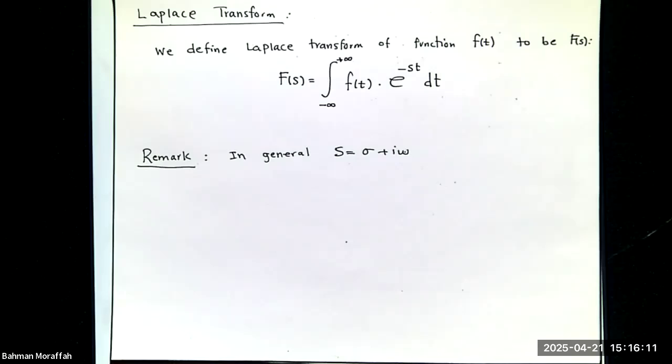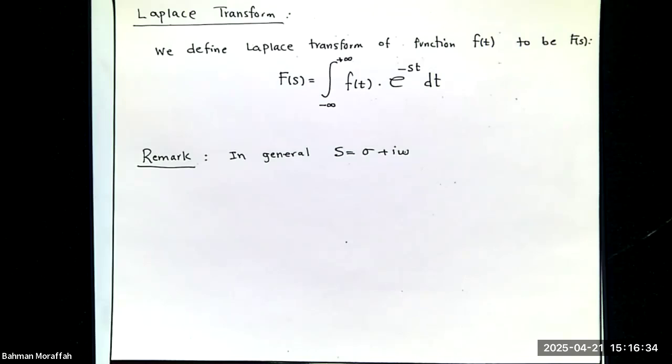But if I assume the real part of this s, the sigma, is 0, what do I have? I have s equals i omega, which is something that we've assumed up to this point. So if I know F of s, by assuming the real part of s is 0, I can always get F of omega.